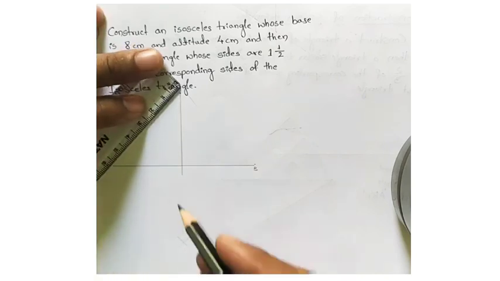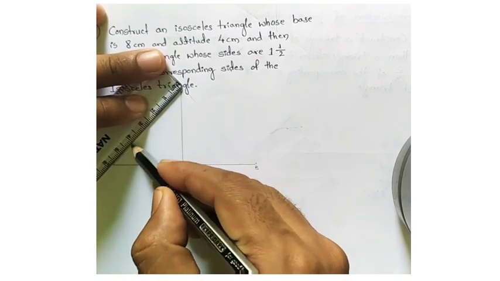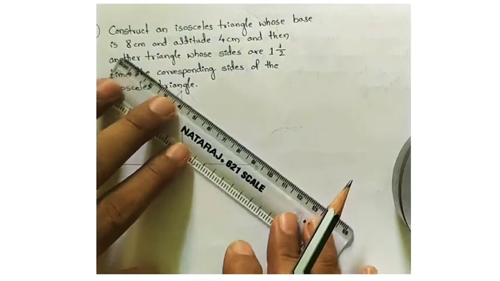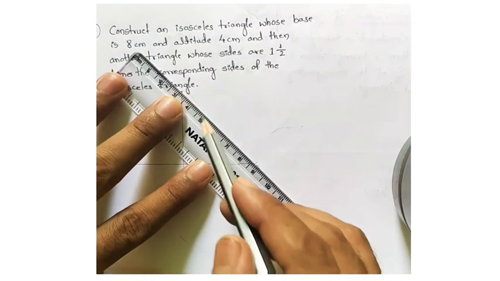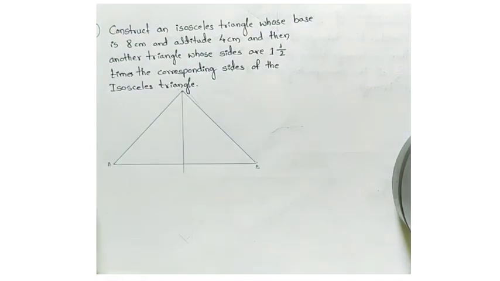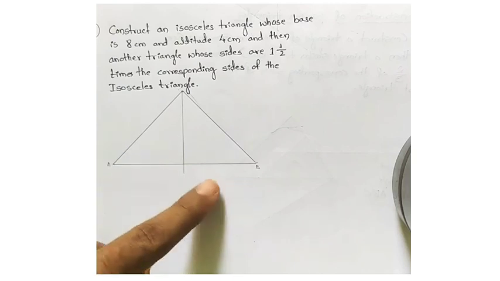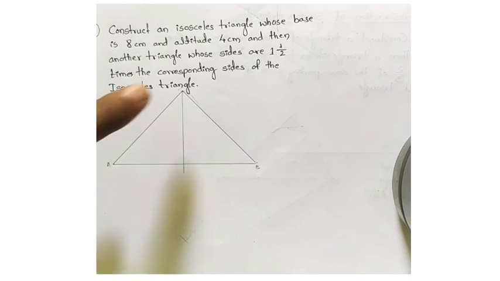So now join the either sides. Okay, now we got the triangle which has the base 8 centimeter and height 4 centimeter. For this we need to draw the corresponding similar triangle with sides.